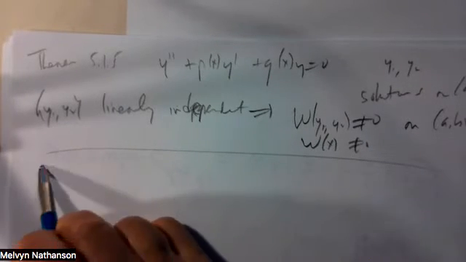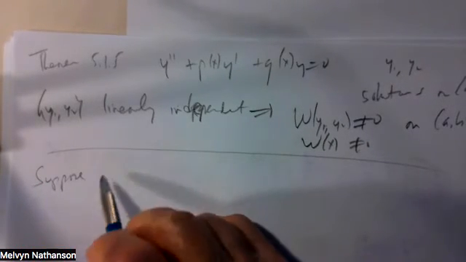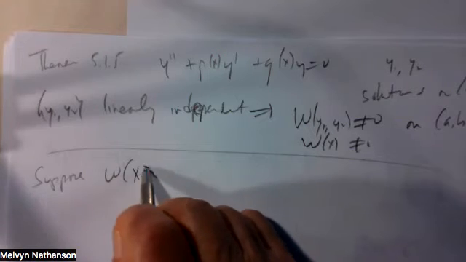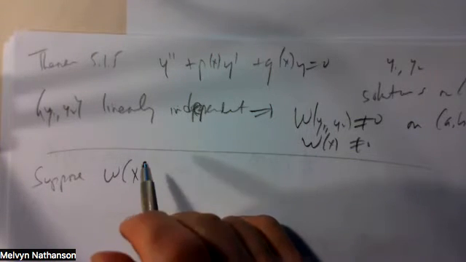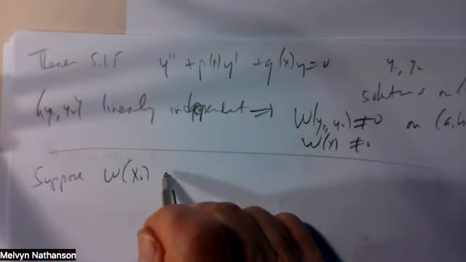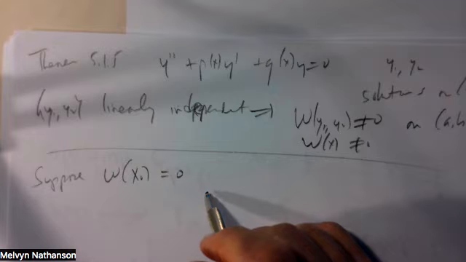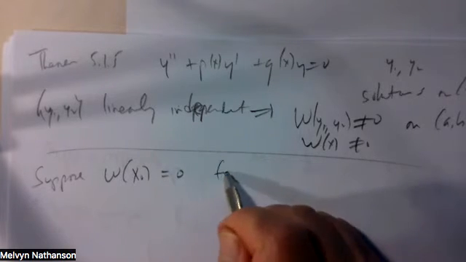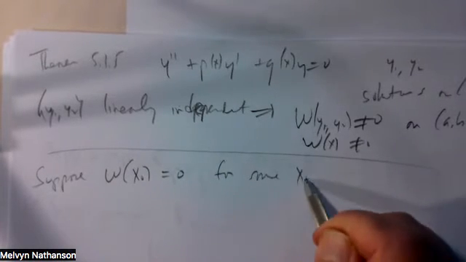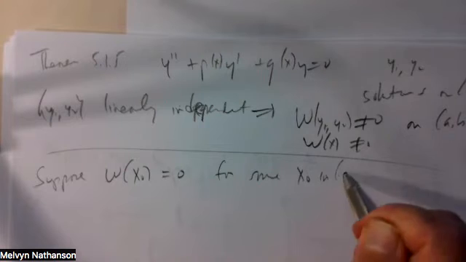So let's call this W of x, but it's the Wronskian. So suppose the Wronskian is equal to 0 for some x naught in (A, B).